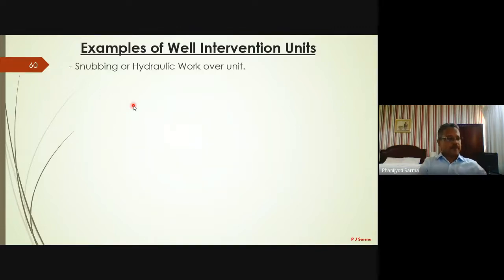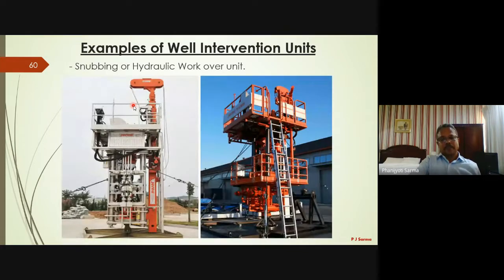Another type of well intervention is snubbing, or hydraulic workover unit. This is also a well intervention carried out in a live well. The completion or the tubing is snapped into the well without killing the well.